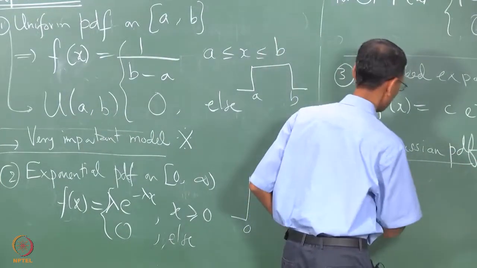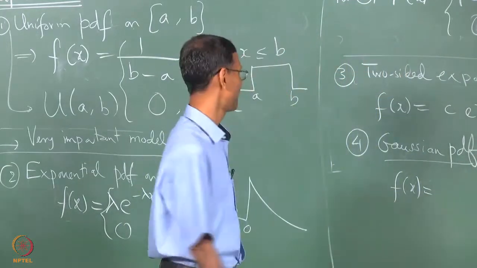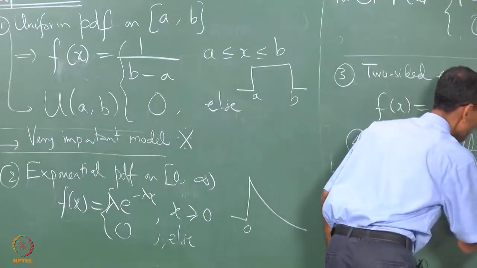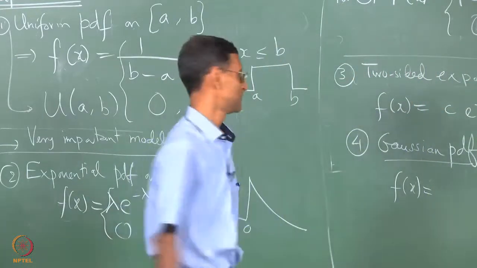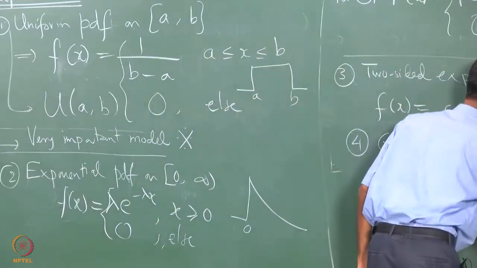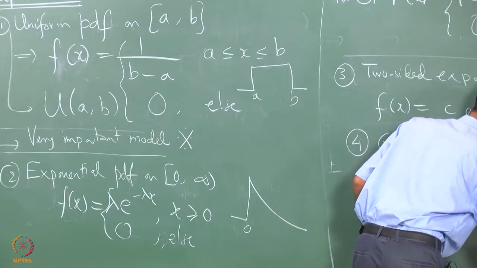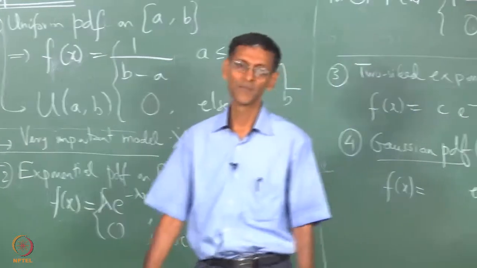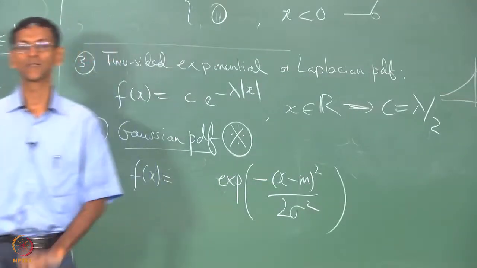So here our f of x is going to be what? Does anyone remember? So first of all you have exp of what? Minus (x minus m) squared, some number m, by 2 sigma squared. We will use the standard notation. What is the constant?